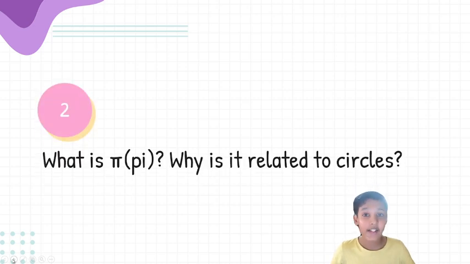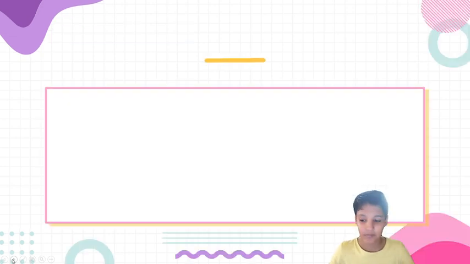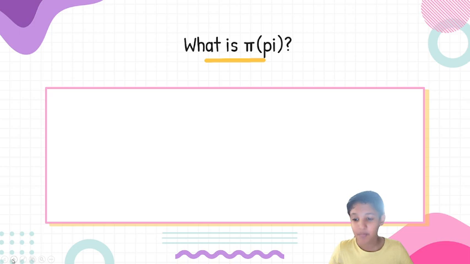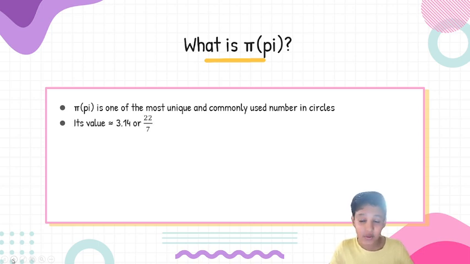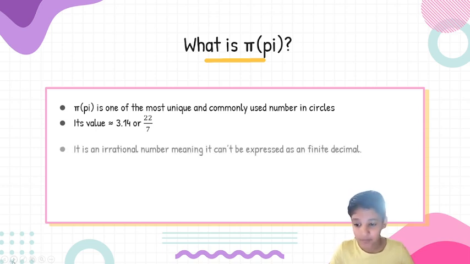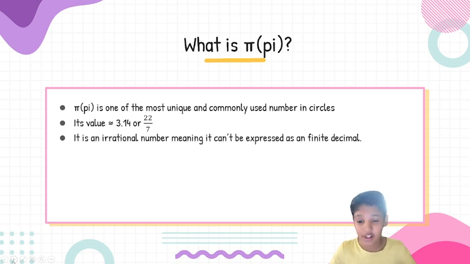Now let's move on to what is pi and why it is related to circles. So, pi is one of the most unique and commonly used numbers in relationship to circles. Its value is approximately 3.14 or 22 divided by 7. It is an irrational number and it can't be expressed as a finite decimal.